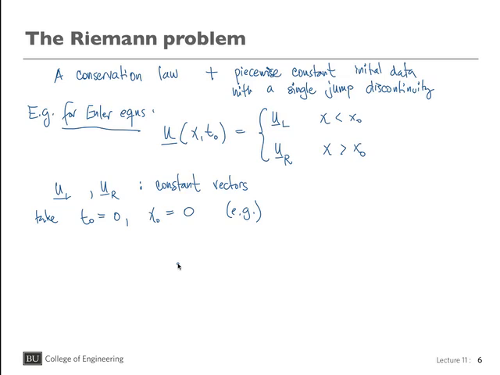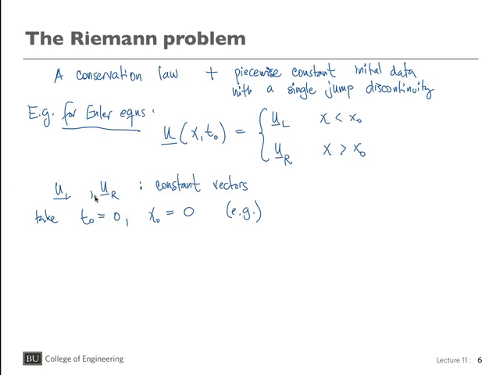And it turns out that with this initial data, this Riemann problem has an exact analytical solution for the Euler equations, which is very useful, because if we have an analytical solution, which is very rare for these nonlinear partial differential equations, it means that we can use it to test numerical methods and see how they perform. This is one of the uses of the Riemann problem. There are many other uses.